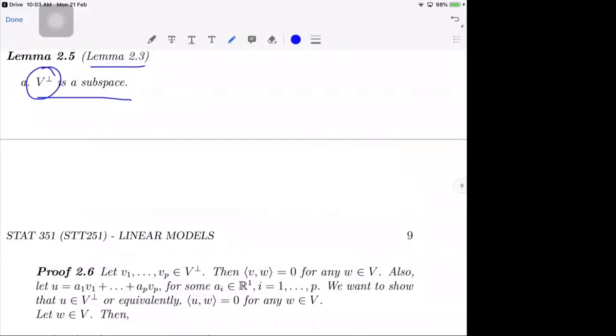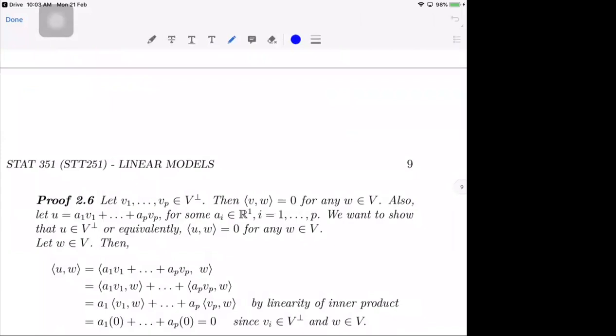Okay, V perp is a subspace. So take a vector in V perp. If this vector is in V perp, then it means that for any other vector in V, say W, if you take the inner product, it is 0.